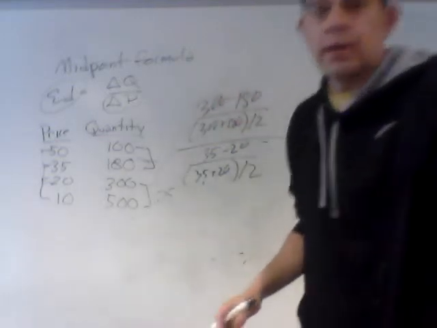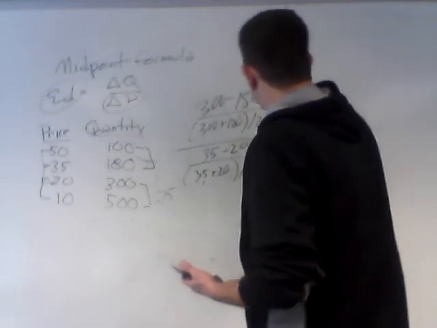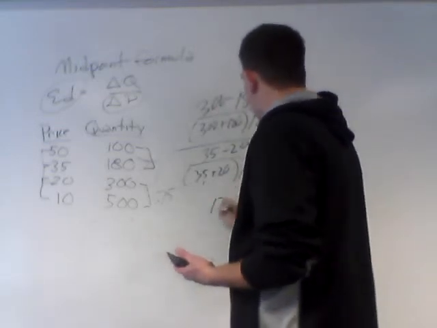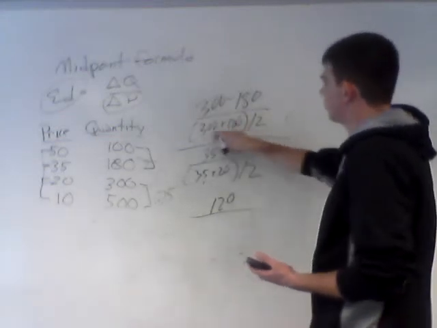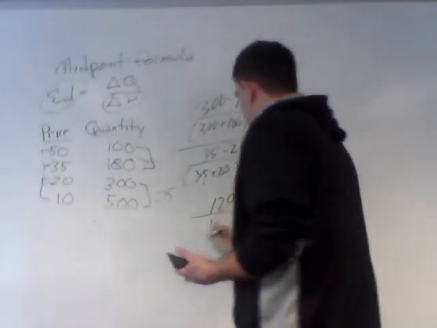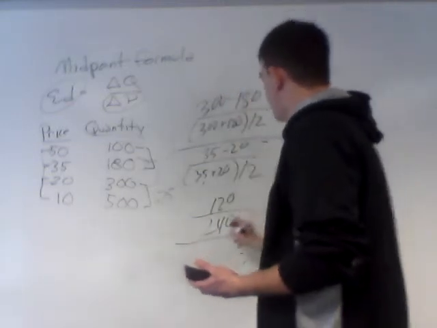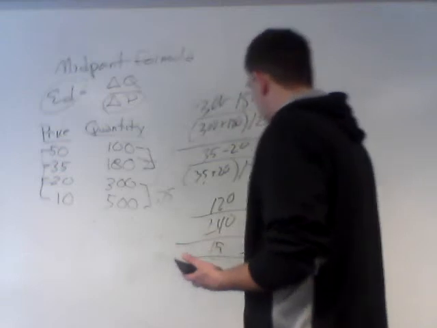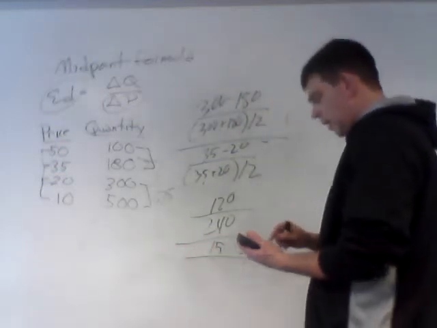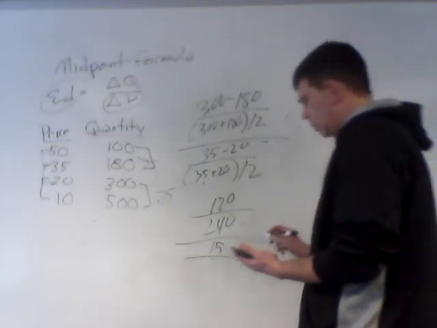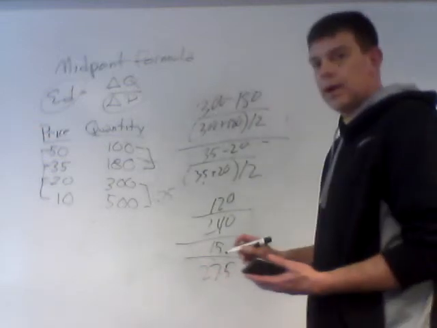So, let me reach out here and get my handy dandy calculator so I can do the math. 300 minus 180 is going to give me 120, I think, right? And 300 plus 180 is 480 divided by 2. It's 240, right? Okay? 35 minus 20 is 15. 35 plus 20 is 55. And 55 divided by 2 equals 27.5. Right?